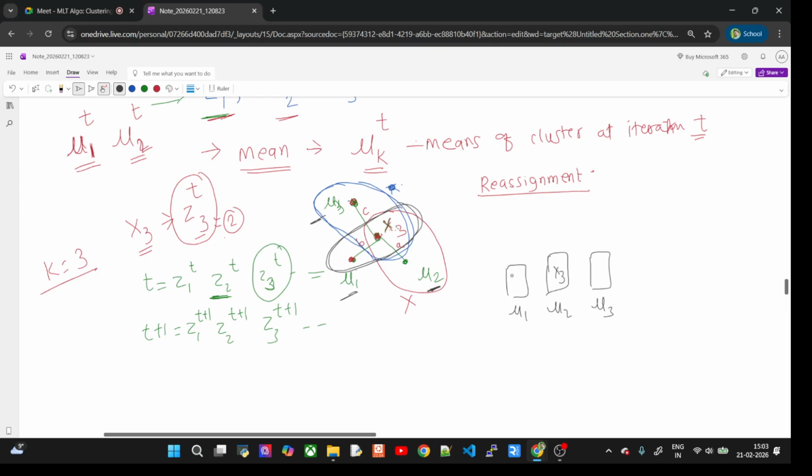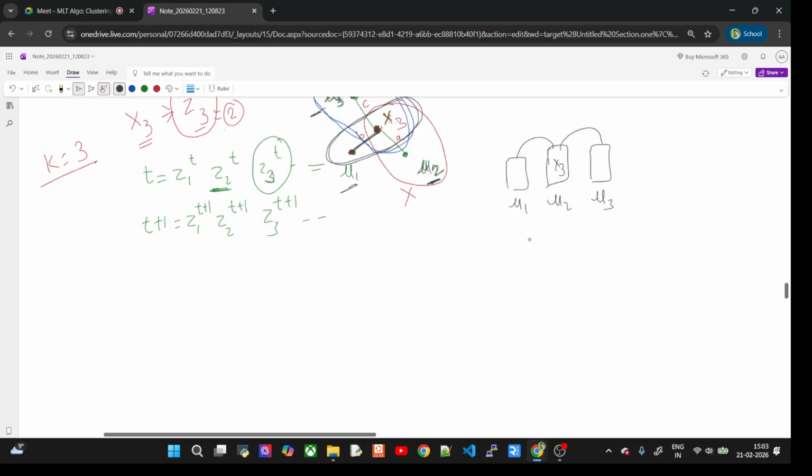So he has to figure out which is the best one. He calculated the distance to the other boxes and figures out whether to go here or here. At first we understood that x3 is not happy, so he has not converged and wants to jump.